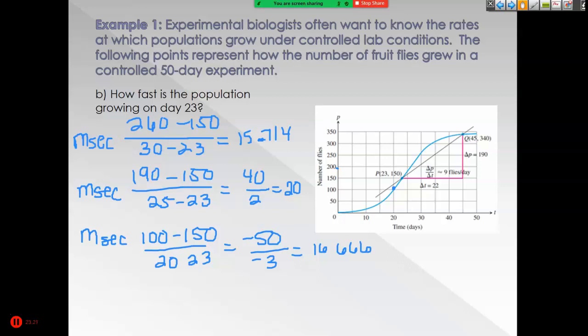So you get 16.666. So it is fair to say that the slope of the tangent between those 2 points is probably somewhere between 16 and 20.